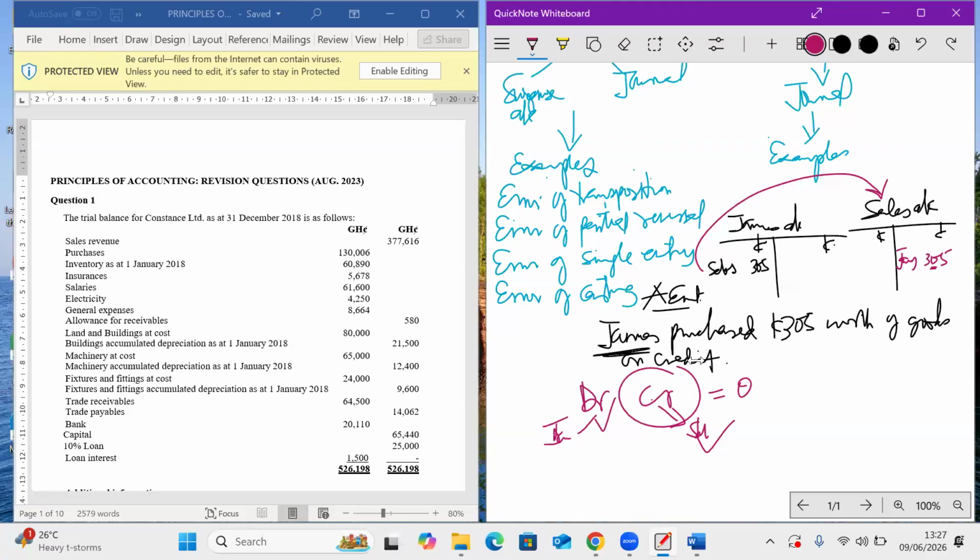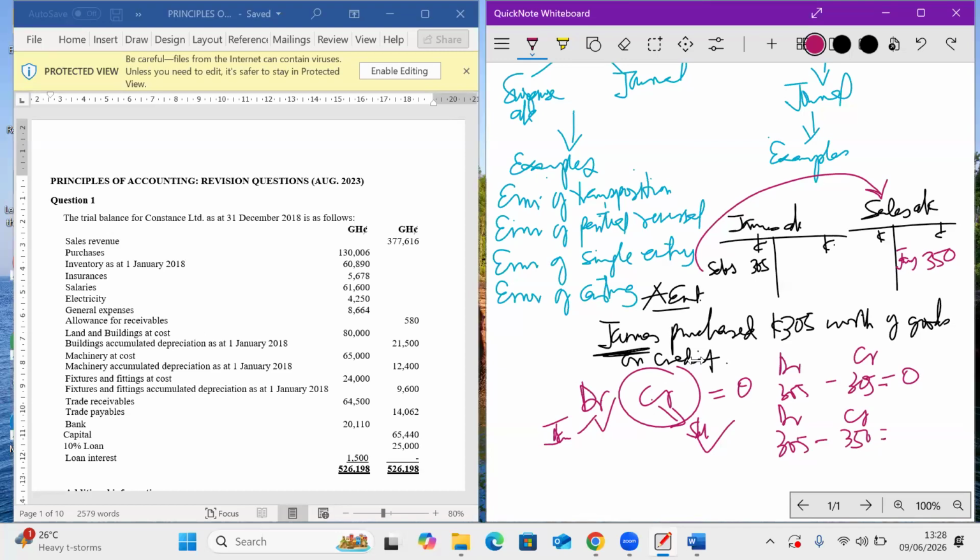It will only be an issue where, instead of 305 in the sales account, the person recorded 350. The first one, when it was 305, the debit side is 305 and the credit side is 305. When I subtract, do I get 0? Yes, it's balanced. But look at this one. The debit side is 305, the credit side is 350. When I subtract, do I get 0?